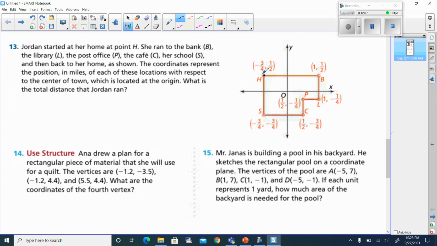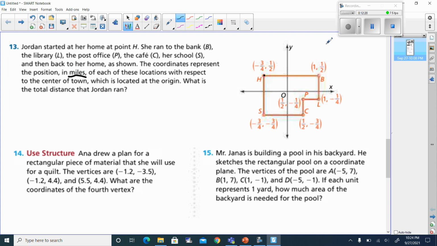The coordinates represent the positions in miles of each of these locations with respect to the center of the town, which is located at the origin. So it says, what is the total distance Jordan ran? Let's remember a key thing it says here, that we're dealing with miles. So whatever our answer is, it's going to be in miles.